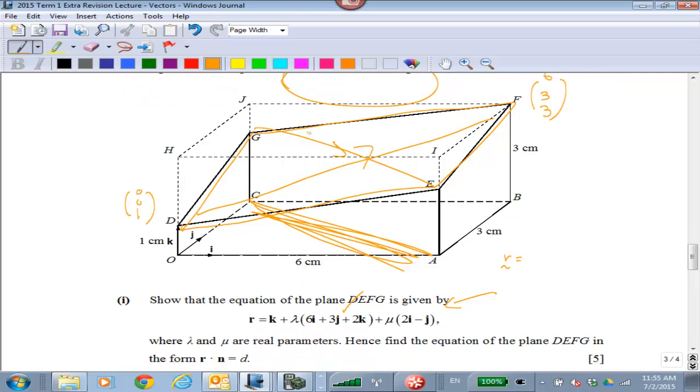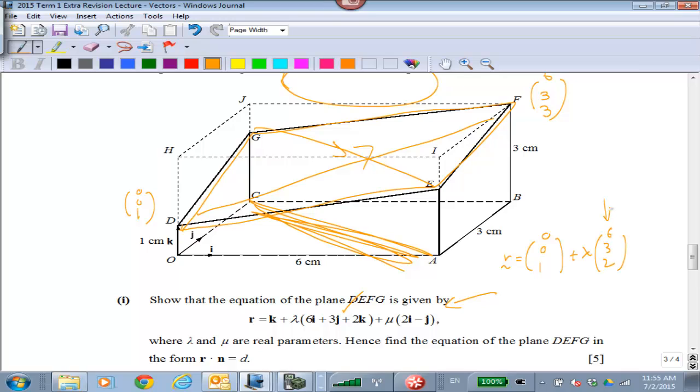Lambda and mu? Equation of plane? To form the equation of plane, I need 1 point, 2 vectors, right? You need 1 point, which is 0, 0, 1. I use the vector to partner with lambda, 632.